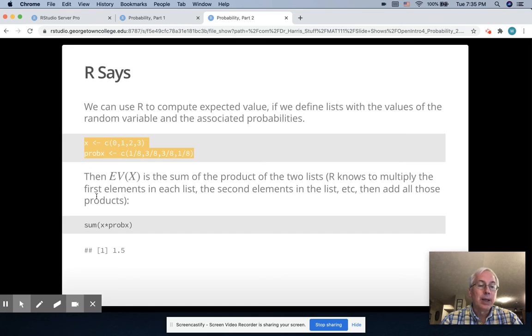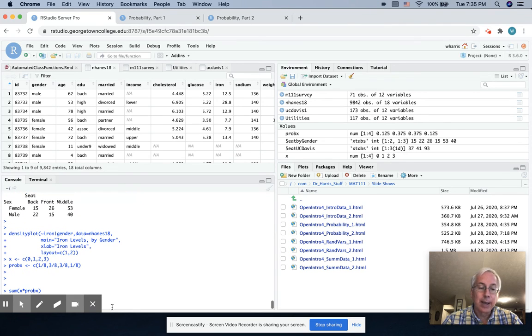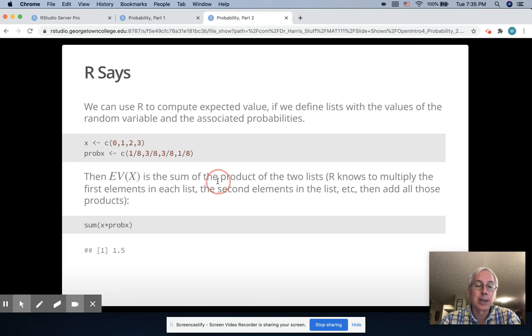And now, if I just form the sum of x times probx, RStudio is smart enough to know that that means we're going to multiply the corresponding terms together and then add them. We see that we get 1.5. And so this is 0 times 1/8 plus 1 times 3/8 plus 2 times 3/8 plus 3 times 1/8. That gives me 1.5. Let's verify that arithmetic in the next slide.